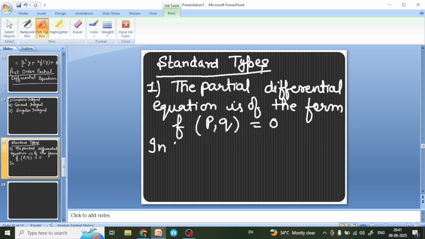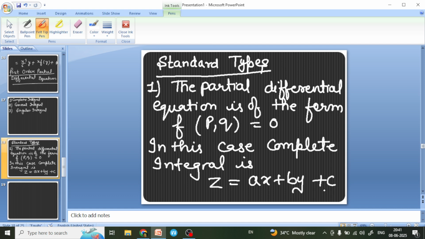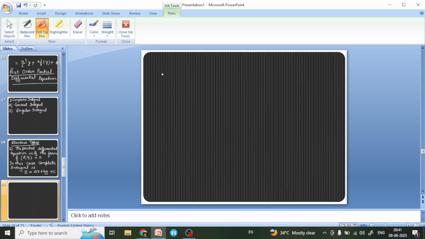In this case, the complete integral is z is equal to ax plus by plus c, and here a, b, c are constants.